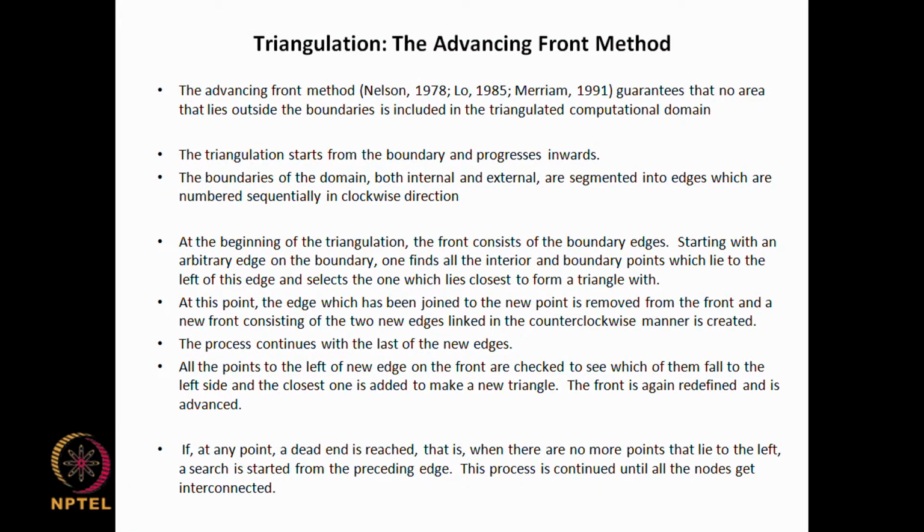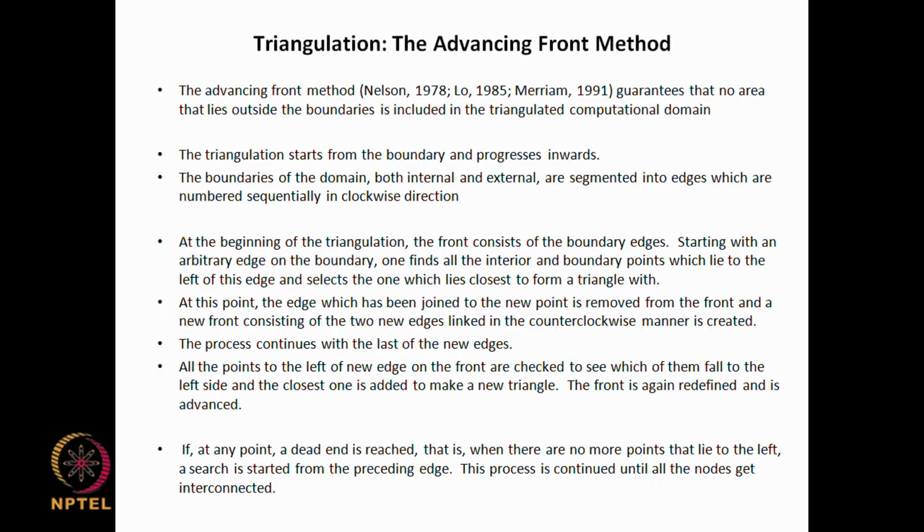At the beginning of the triangulation, the front consists of boundary edges. Starting with an arbitrary edge on the boundary, one finds all the interior and boundary points which lie to the left of this edge and selects the one which lies closest to form a triangle with.